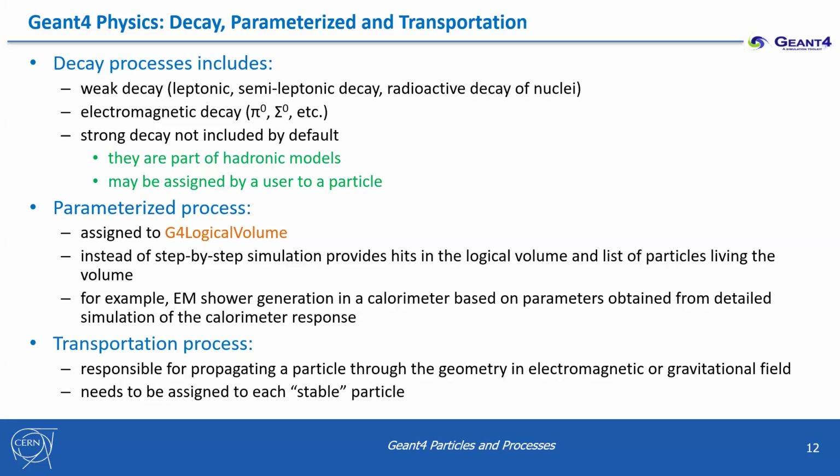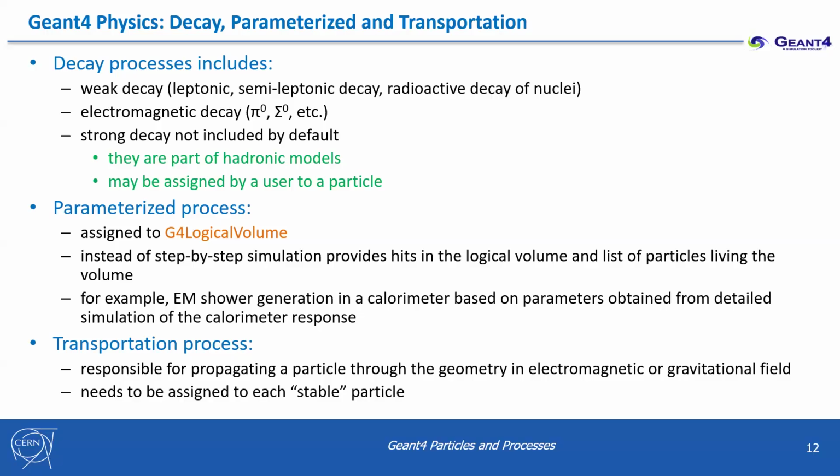We have so-called parameterized process, which may be, of course, not only for hadronic physics, but maybe for electromagnetic physics, whatever physics processes. What does parameterized mean? It is assigned to a G4 logical volume. Instead of step-by-step simulation, it takes over all particles which enter this volume and produces final hits in this logical volume.